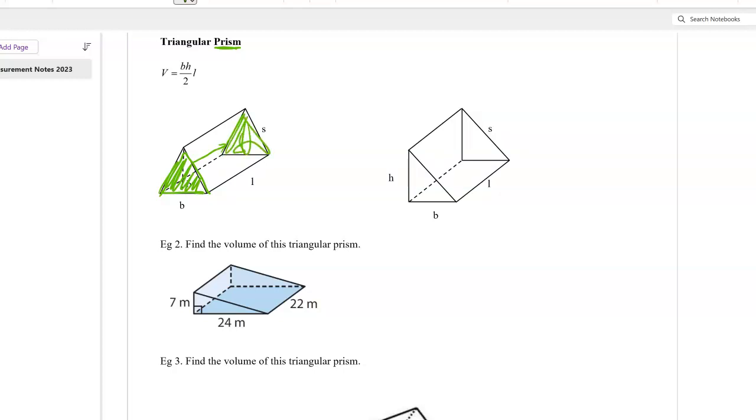So how would I find the area of the front triangle? Well, you know how to find the area of a triangle, and then you would just multiply it by how far it moves. Same thing over here. I see a triangle, and it moves all the way through that shape.